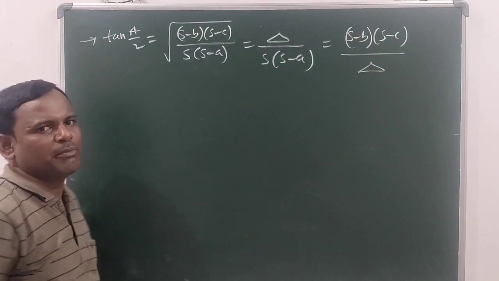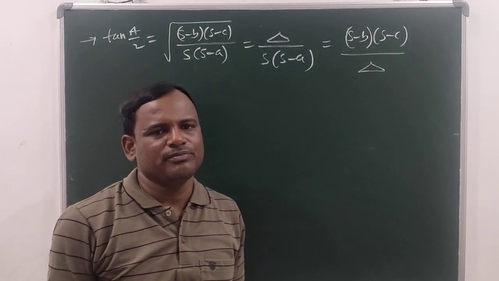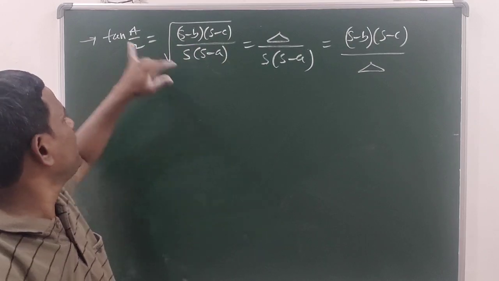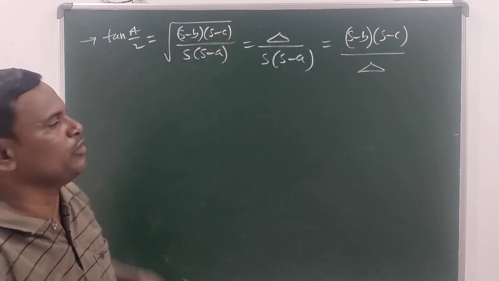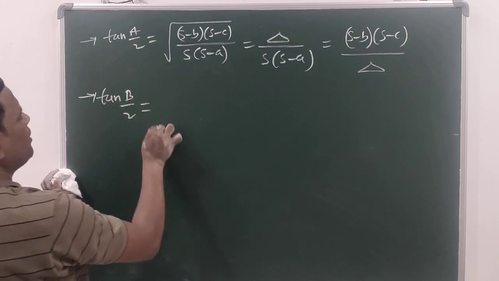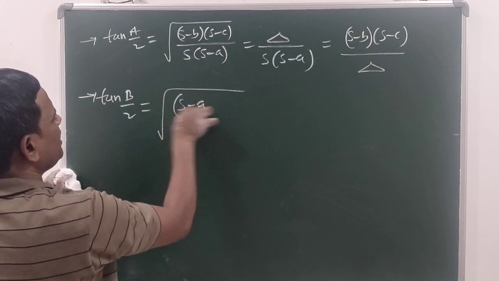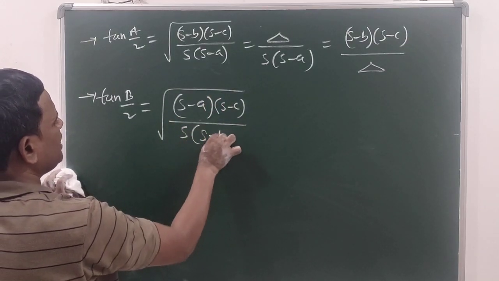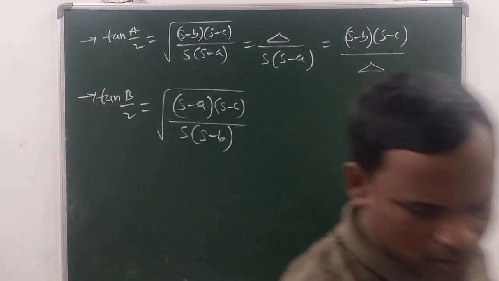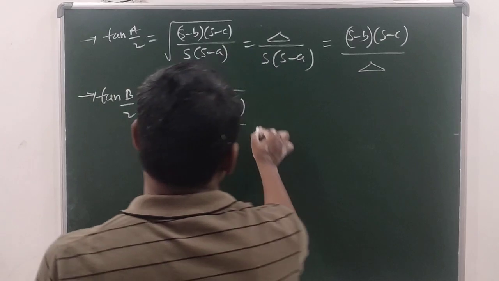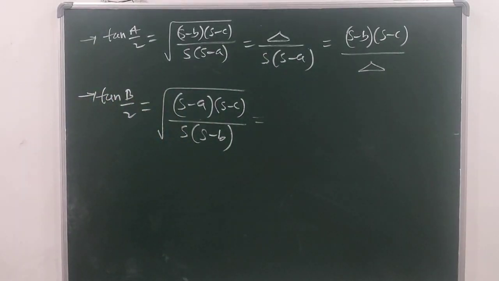Similarly, you can write tan B by 2, tan C by 2. Can you write? Write yourself. Tan B by 2, what do you get? Square root, here A means the BC combination you get in the numerator. Otherwise, write here: tan B by 2 is equal to root of S minus A, S minus C by S into S minus B. Next, tell me students, delta by, what do you get in this case?